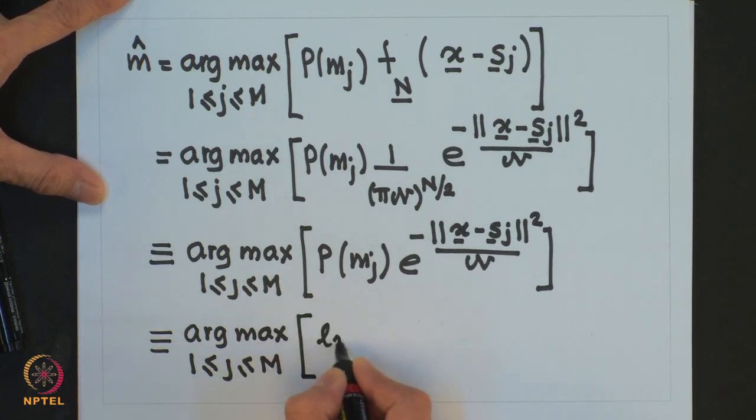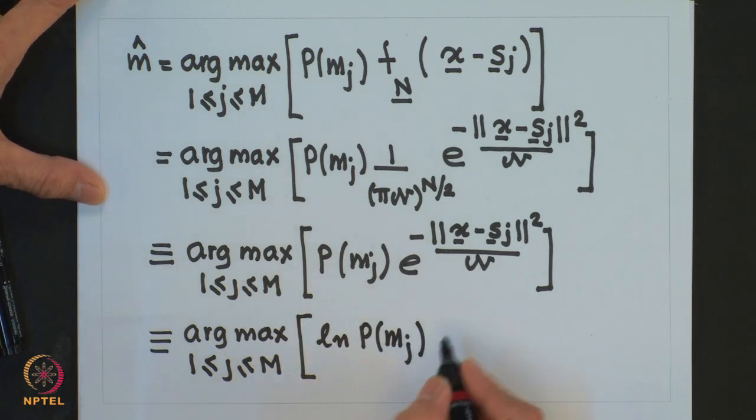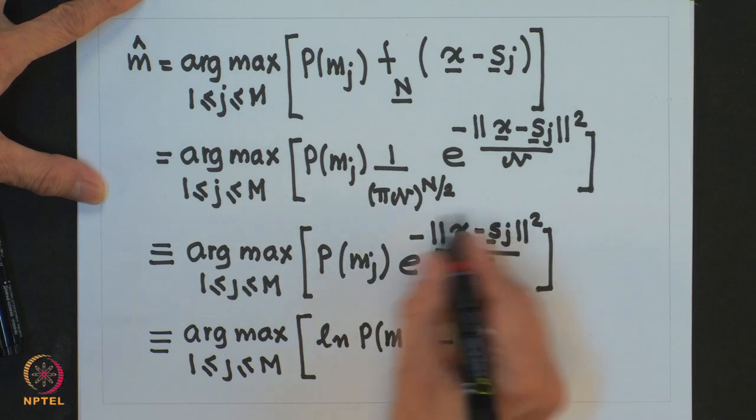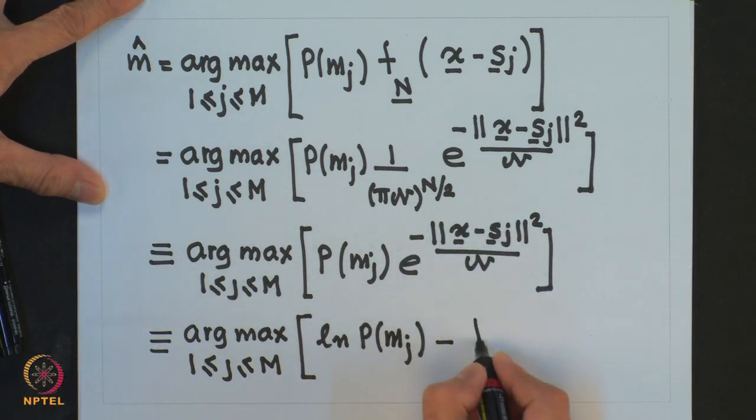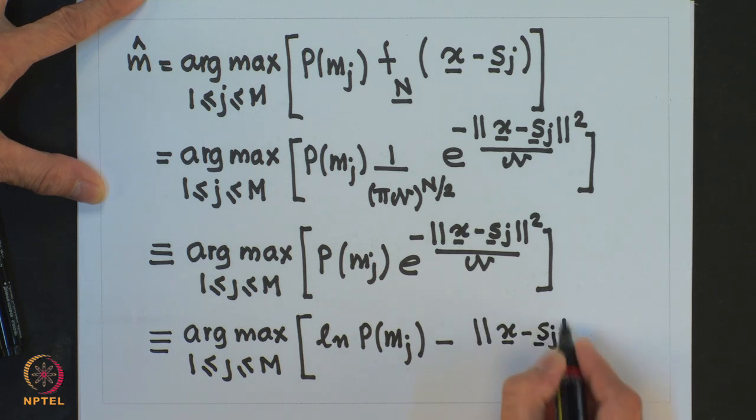So, this becomes the log of the probability. When I take the log of this quantity, this reduces to this expression.